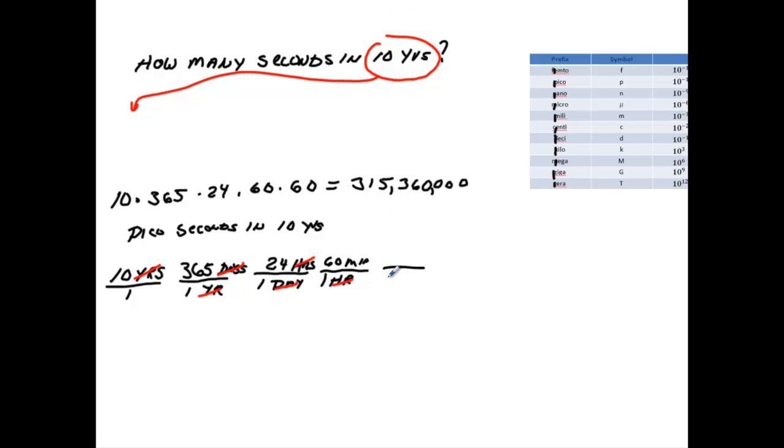Let's see, we had minutes, so we had 1 minute here, 60 seconds here. Now minutes are gone. Now we're going to go to picoseconds.